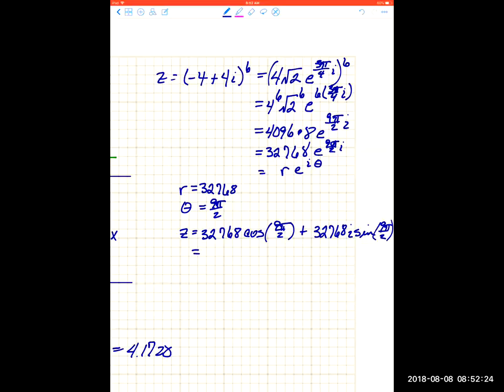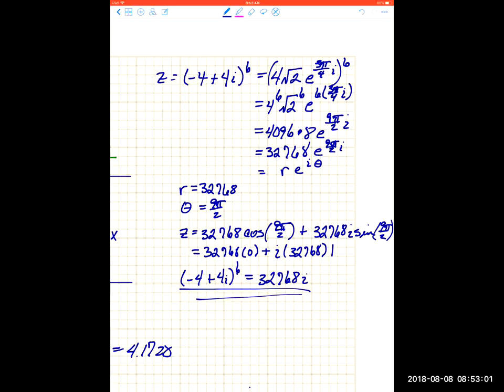So this is 32,768 times 0. The sine of 9 pi over 2 is 1. So this is going to be i times 32,768 times 1. And what we find is that -4 plus 4i to the 6th power is equal to 32,768i.